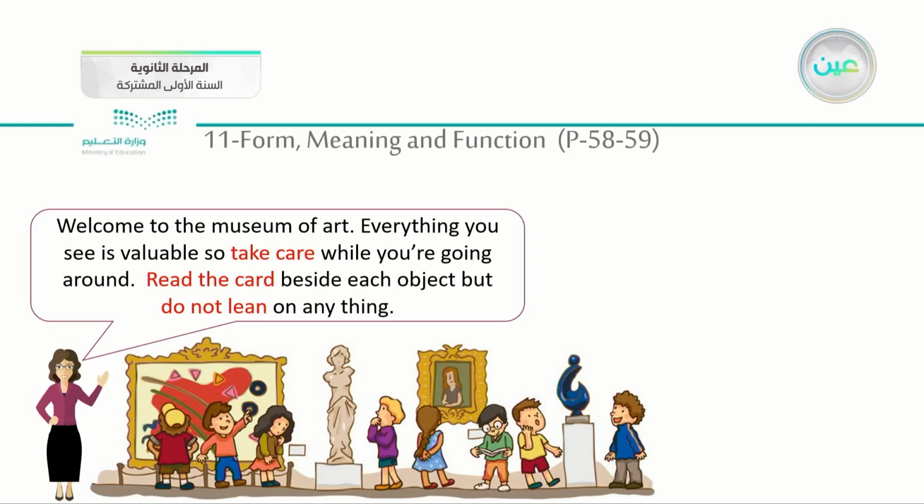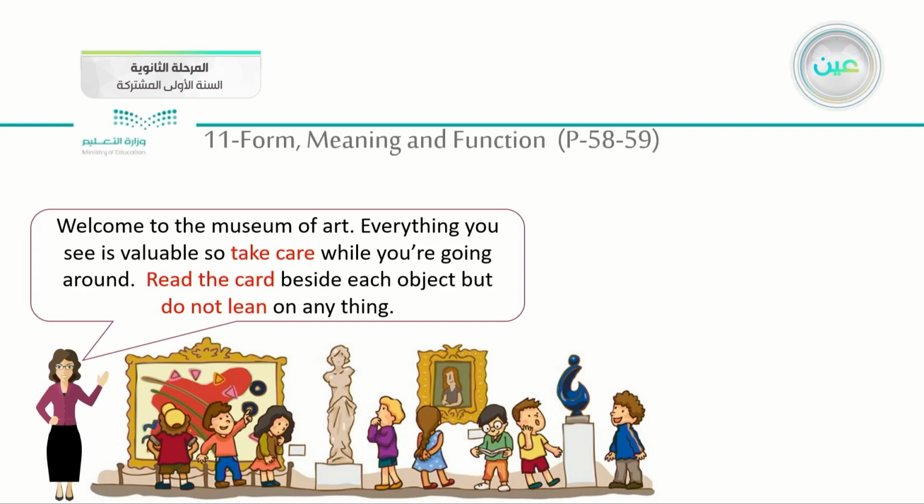So let's go back to the tour guide in here and these little kids. Welcome to the Museum of Art. Everything you see is valuable, so take care while you are going around. Read the card beside each object, but do not lean on anything.